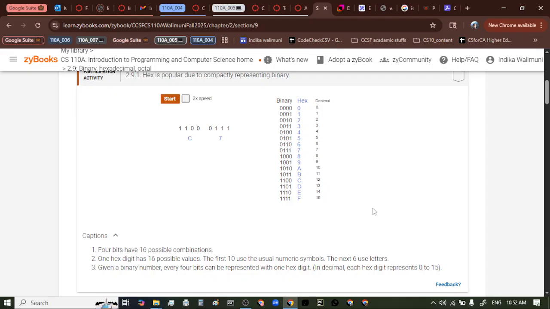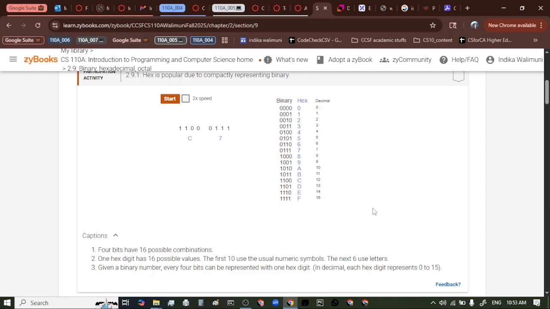So you start grouping them from right to left, then you can group into 4 groups, and likewise the next 4, and then this 4, this is 7, right? 0 1 1 1 is 7. So from the table, you put 7 there and take the next 4. And then it's 1 1 0 0, so you take that C. That's it. This is C7 in hex. So this is the easiest way.